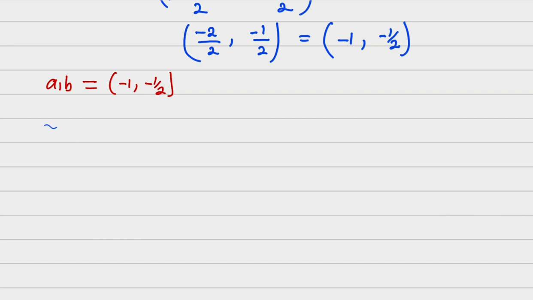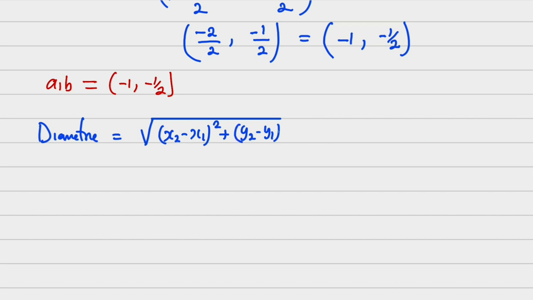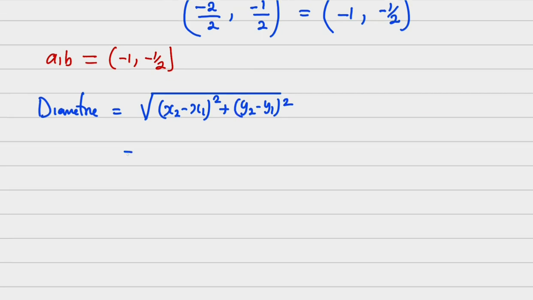Now remember, the diameter is the length of a line. Okay, it is the length of a line, and from the knowledge of straight line, the diameter will now be the root of x2 minus x1 all squared plus y2 minus y1 all squared. Simple. So this is what I'm going to have.